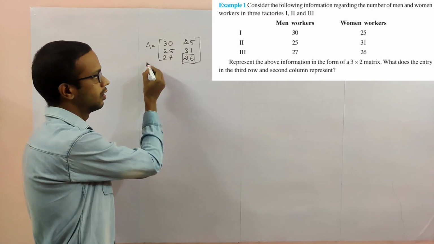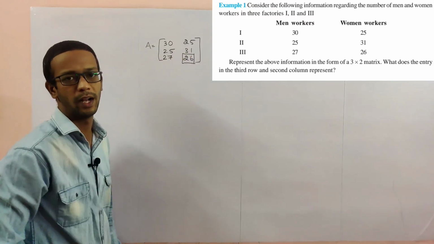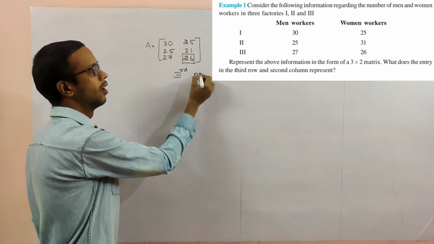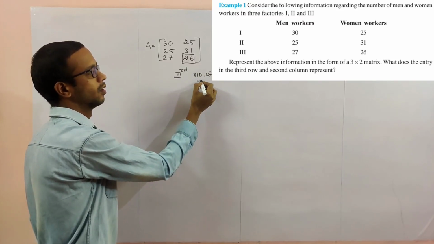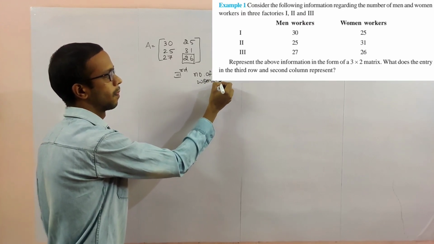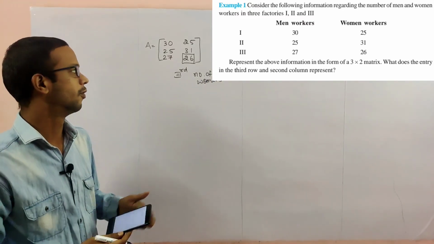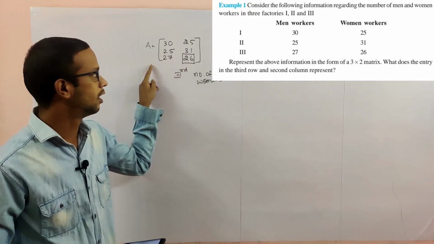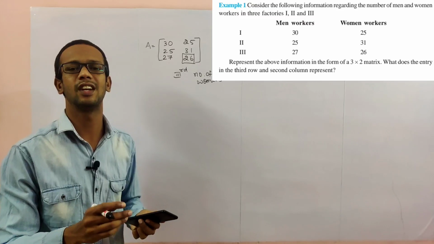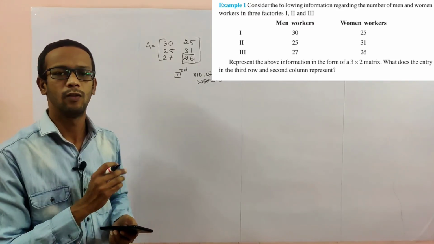Third factory, number of women. It represents the number of women in the third factory. This is a general problem, Example 1.